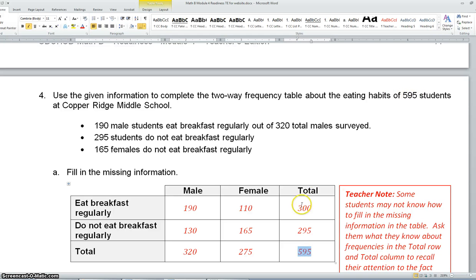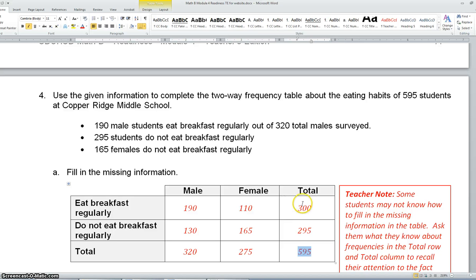Okay, now, you should not have these two values filled out yet, because you don't know those values. So how are we going to get those? Well, we knew the 295 was this number. This was given to us. 595 is the total number of students, so guess what you do? 595 minus 295 is equal to 300.